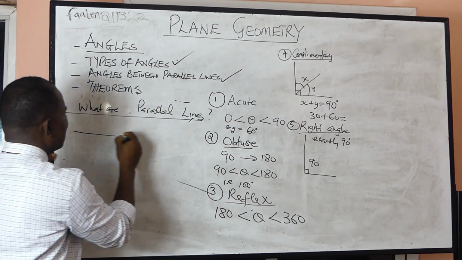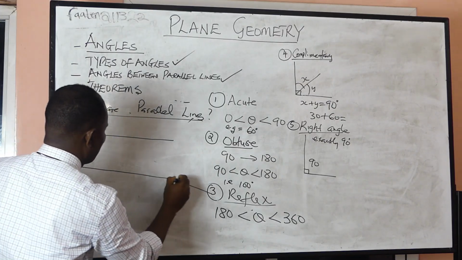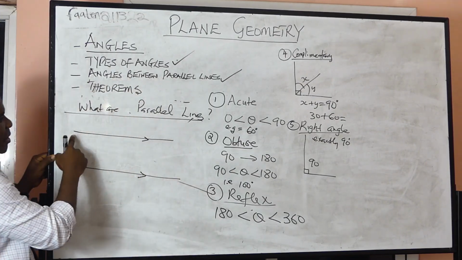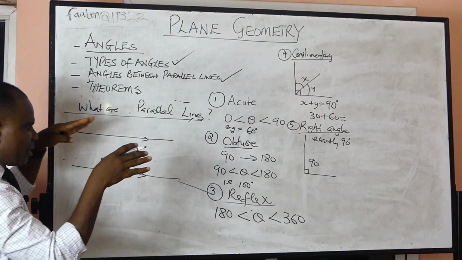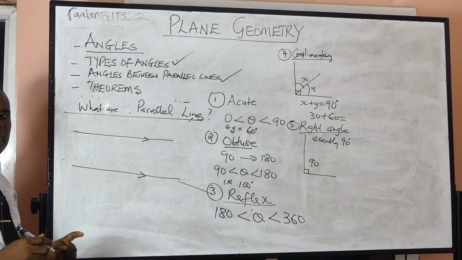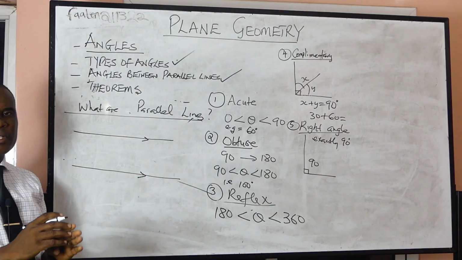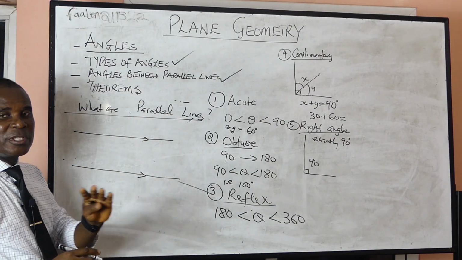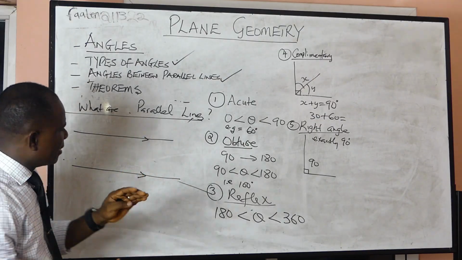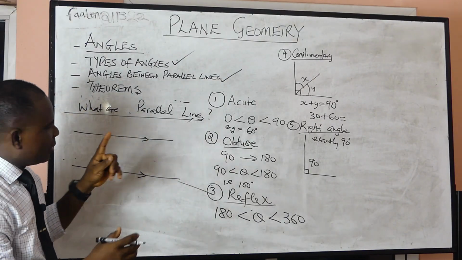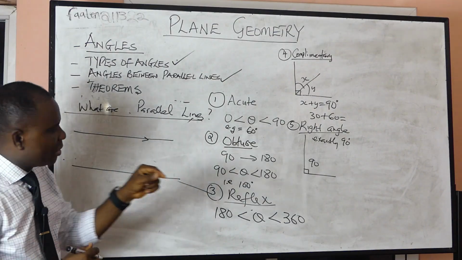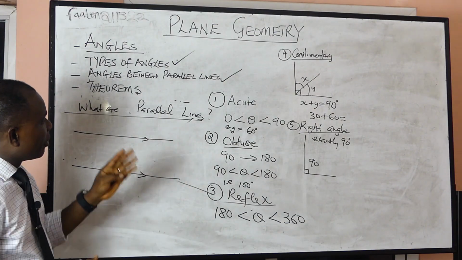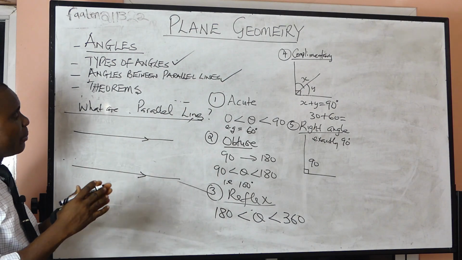These are lines that are moving in the same direction. Let's say this line is AB and this one is CD. They are moving in the same direction. That's one property of parallel lines. And these lines will never intersect. In other words, parallel lines never meet. And their gradients are always the same. There are three properties of parallel lines. The lines will never meet, the lines are moving in the same direction, and they have the same gradients. When lines behave like that, we call them parallel lines.